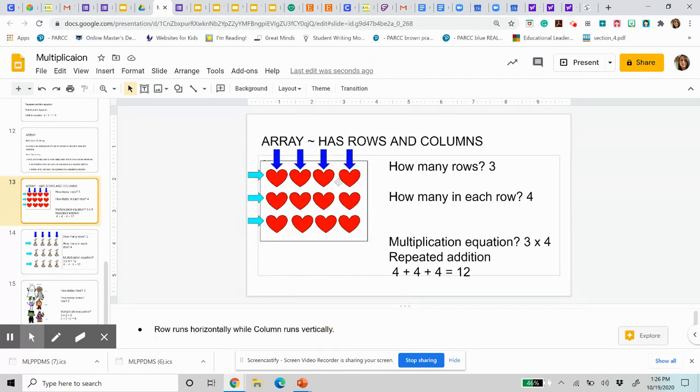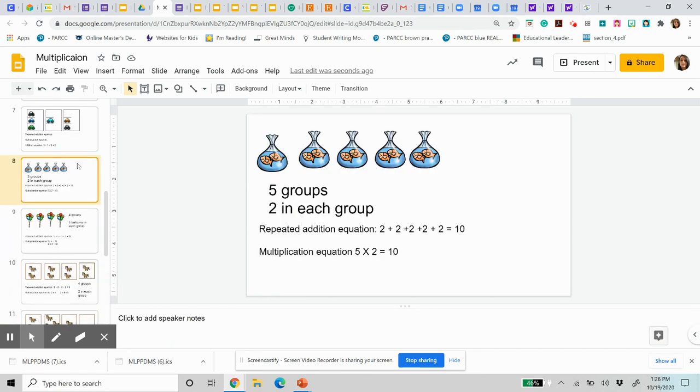You're going to try some on your own. Talk to yourself and say, how many groups do I see? Oh, I see 5. There's 2 in each group. They're equal groups. So groups times the number of things in the group. All right, good job. We're going to discuss in a moment together.